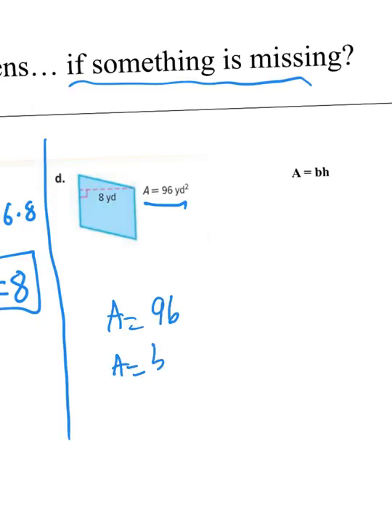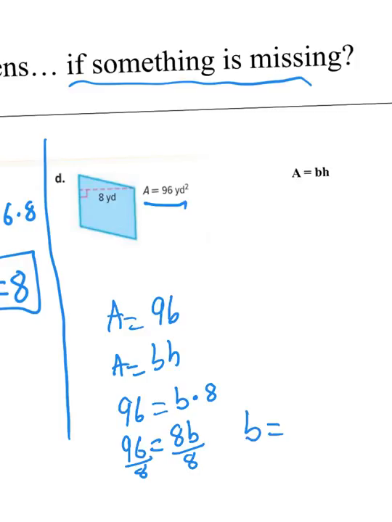Area is equal to base times height. So 96 is equal to b times 8. Rewrite it with the coefficient next to a variable, 8b. And then you're going to divide both sides by 8 because you want to isolate that variable. Remember, you have to use inverse operations.